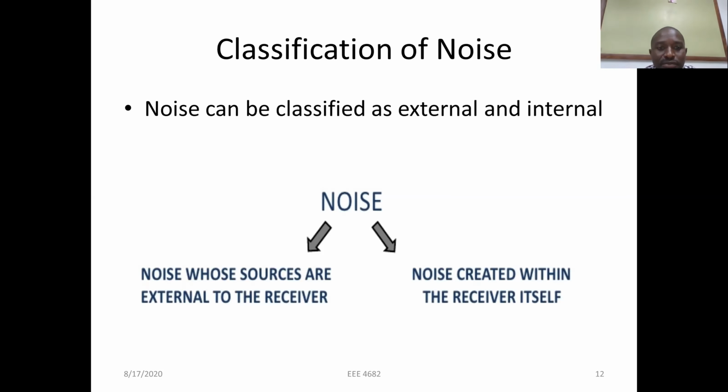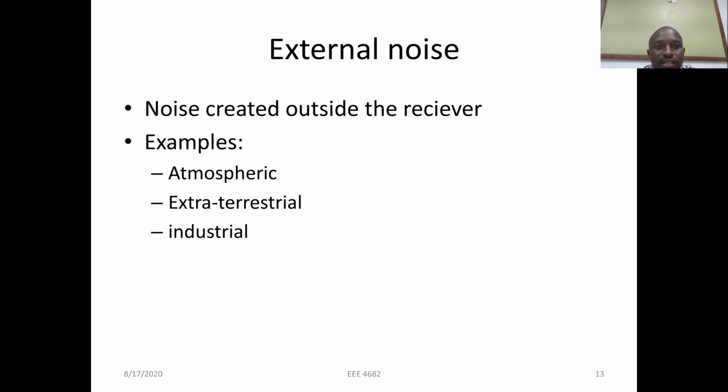Let's now discuss briefly external noise. Like we said, this is noise created outside the receiver. There are several examples such as atmospheric noise, extraterrestrial noise, and industrial noise.